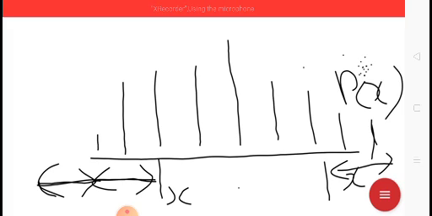Okay, so same things, you will need to see the keywords. If the keywords are improved, increase, you will have upper tails, you will test the upper tail.